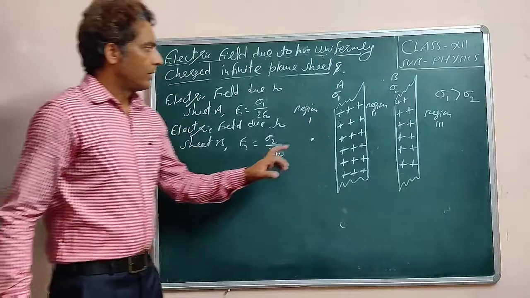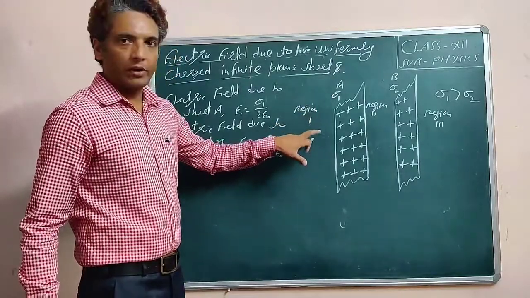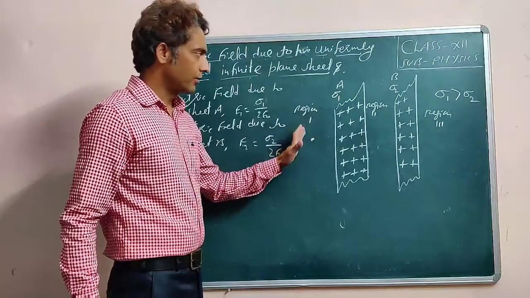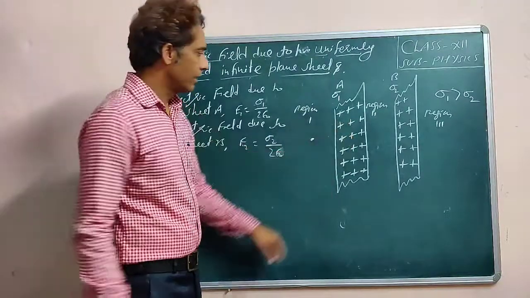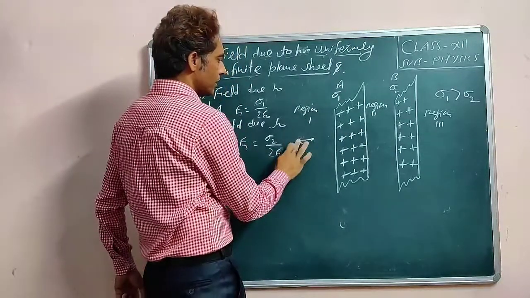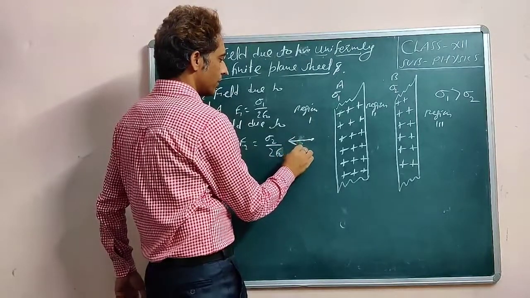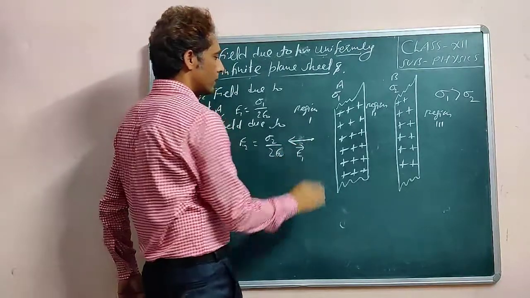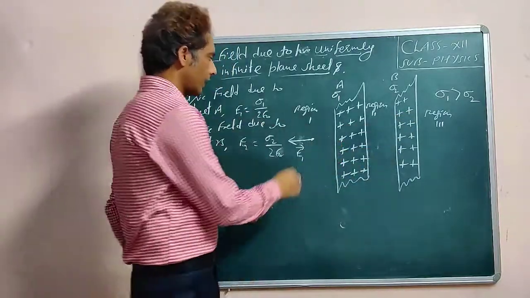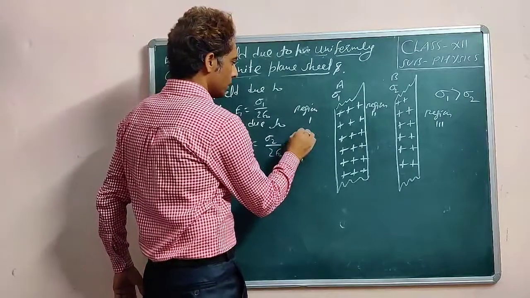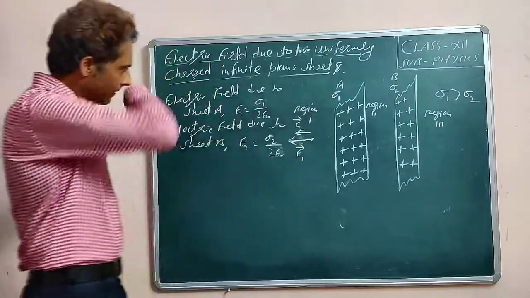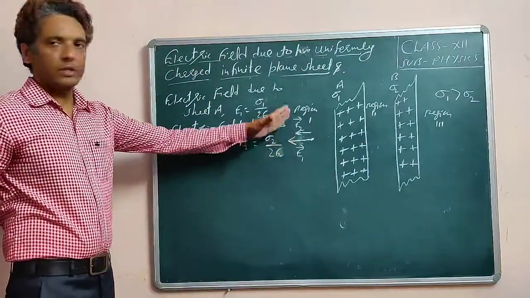Now, if we want to see the electric field in the region 1, the direction of electric field in region 1 due to this sheet A will be toward right, that it will be E1. Also, the electric field due to this sheet B will also be toward right, so that it will be E2. So total electric field will be their sum.